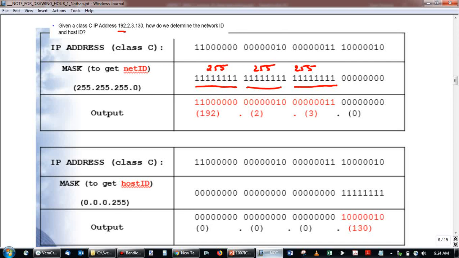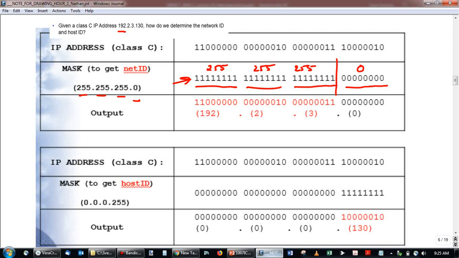And this is 0. The last 8 bits will be the host part because this is a class C address. First 3 lots of 8 are the network, the last 8 is the host. So my mask is 255.255.255.0.